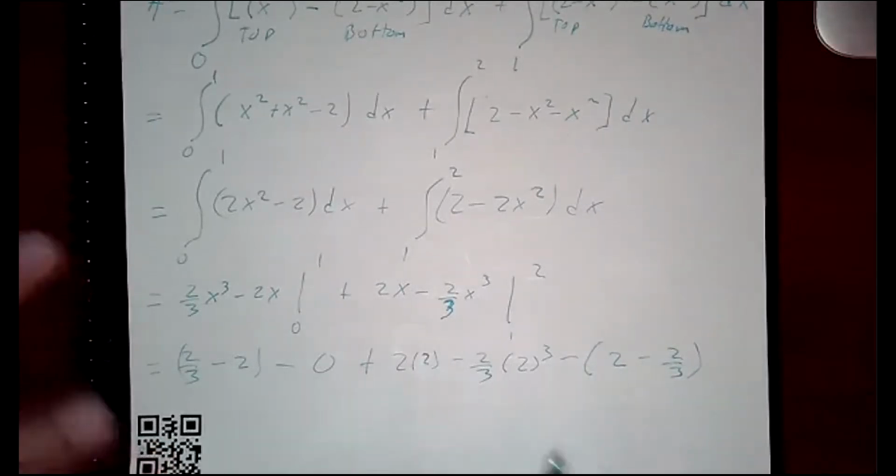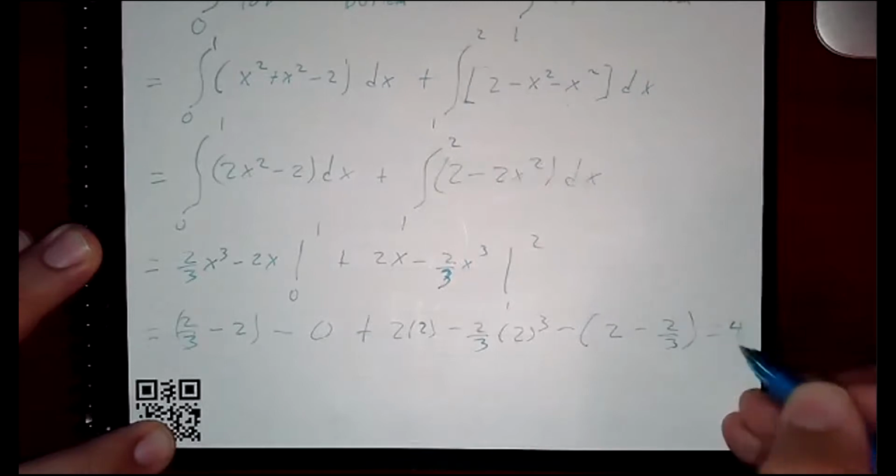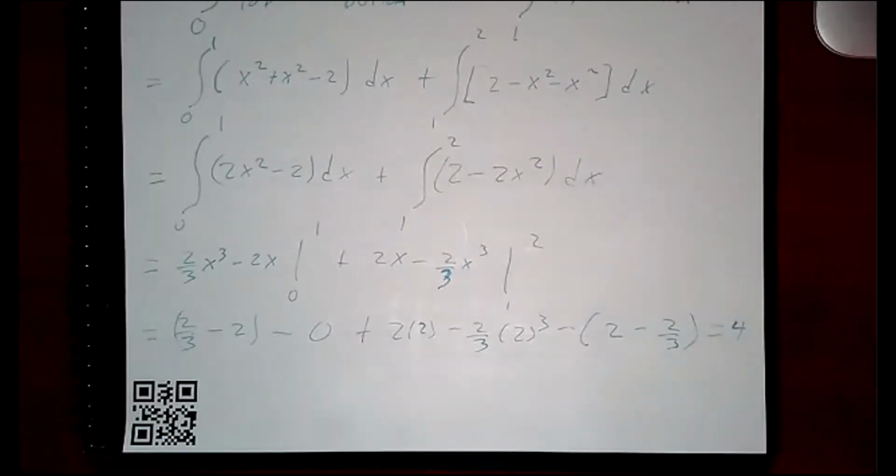So anyway, you guys know how to plug numbers in. I'm not going to worry about all of that. The answer will be 4 when it's all said and done.